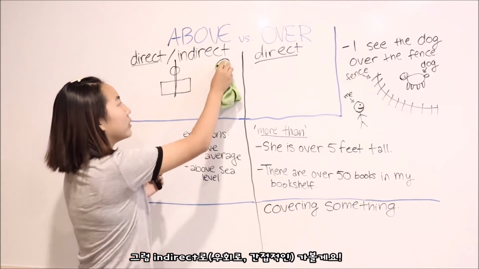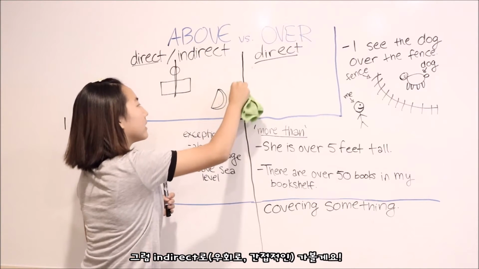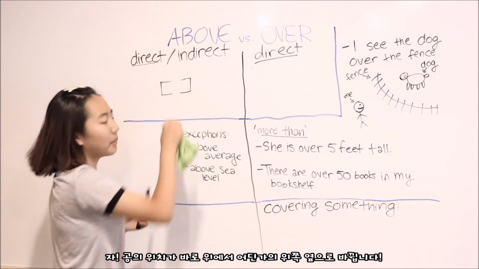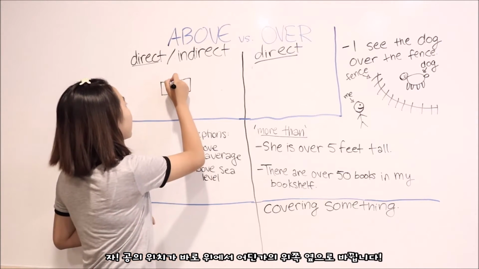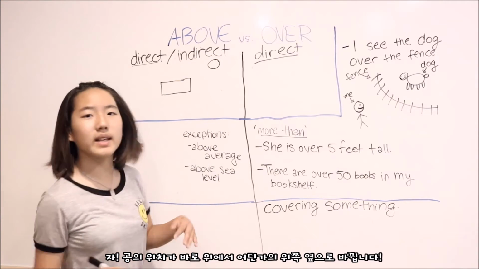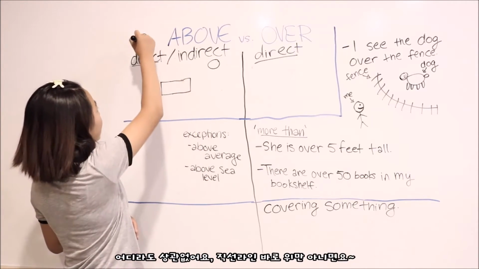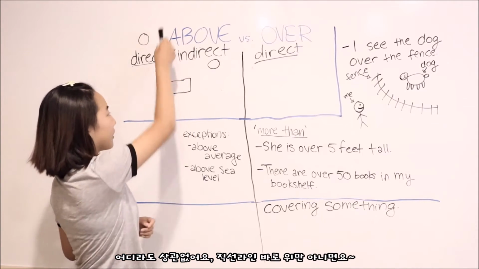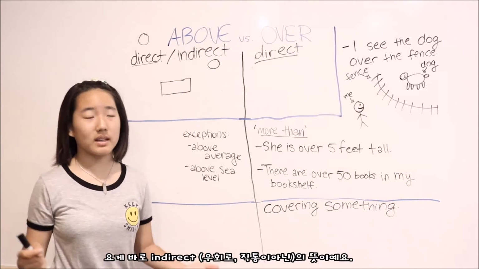Now let's move on to indirect. Now the position of the ball changes from right on top to somewhere off to the side. It could actually be anywhere, but just not in the line going through the box. And that means indirect.